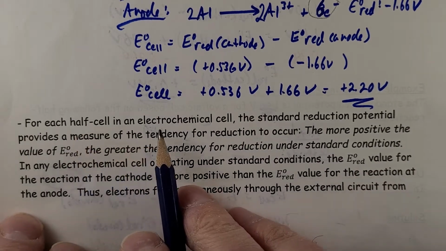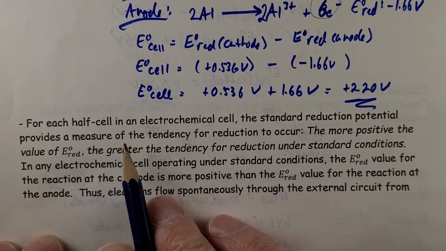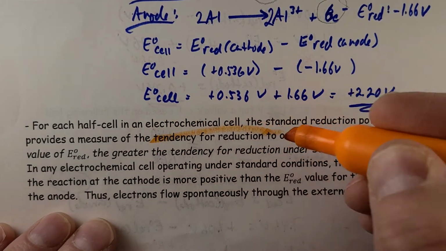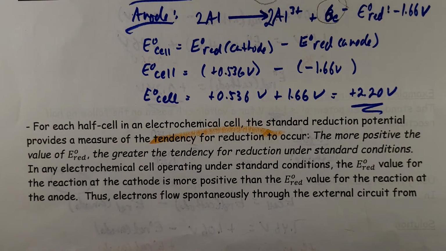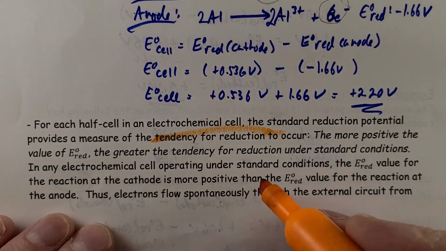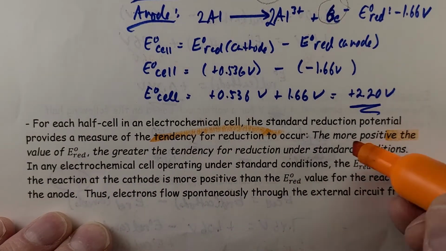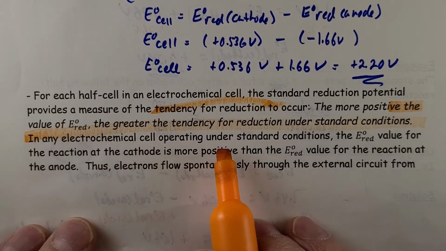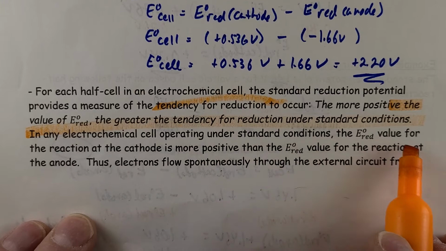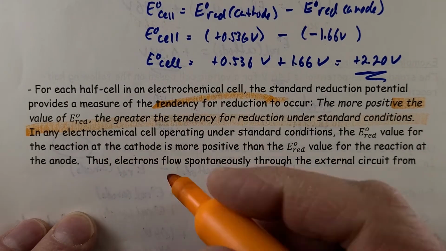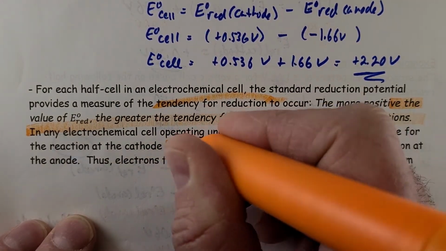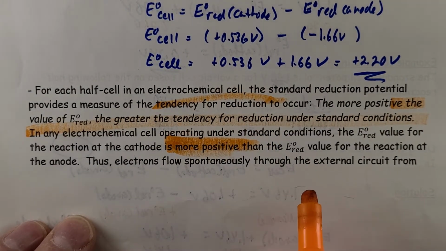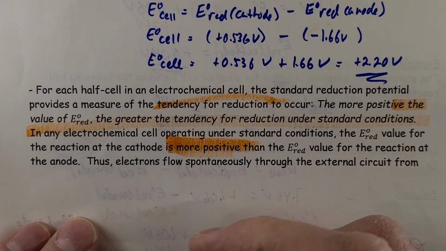So for each half cell in an electrochemical cell, the standard reduction potential provides a measure of the tendency of the reaction to occur. The more positive the value of the reduction, the greater the tendency for the reduction under standard conditions. In any electrochemical cell operating under standard conditions, the reduction potential value for the reaction at the cathode, here's what I just mentioned, must be more positive than the reduction potential at the anode.